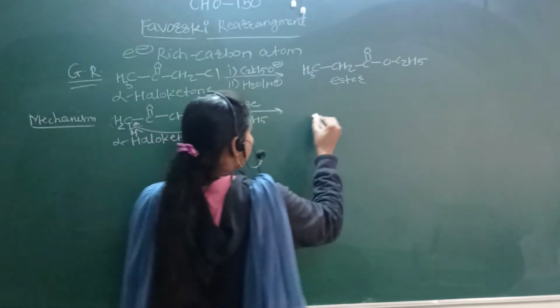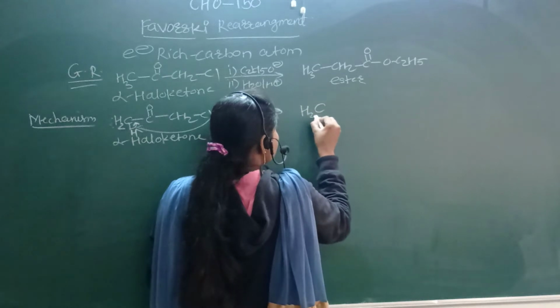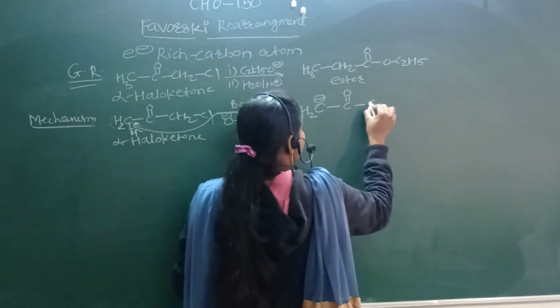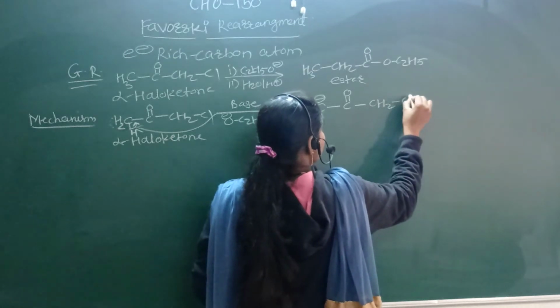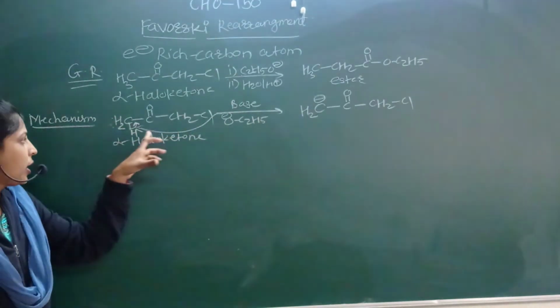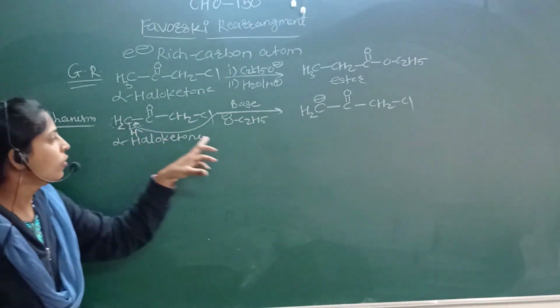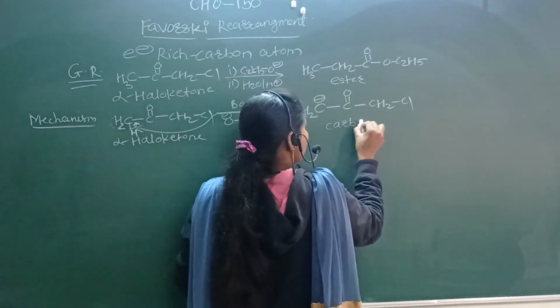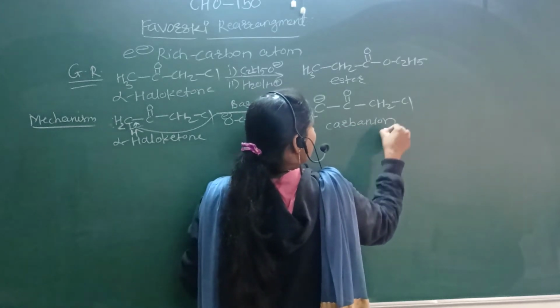So in the next step, formation of CH2 minus C double bond O CH2Cl. In the first step, ethoxide simply abstracts this proton, with formation of the carbanion.